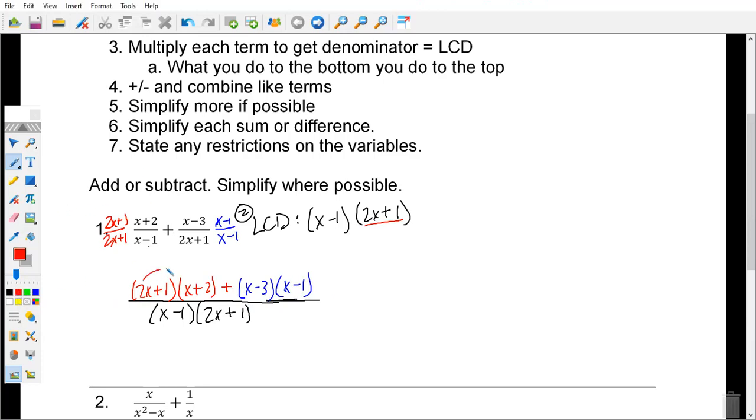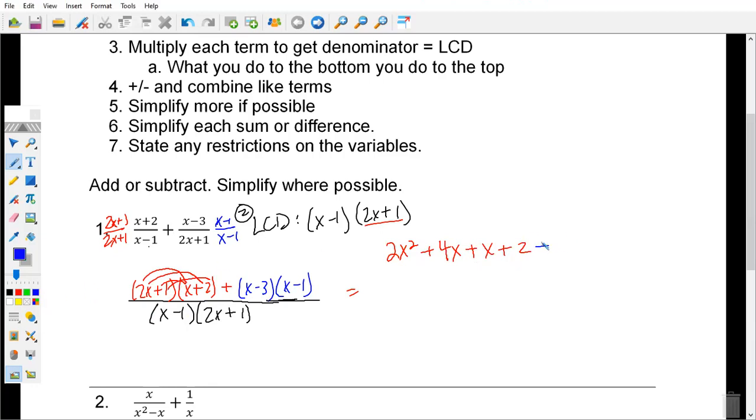So when I FOIL, 2x times x gives me 2x squared. Then I have 2x times 2, which gives me 4x. Then we have 1 times x, and then we have 1 times 2, which gives us 2.